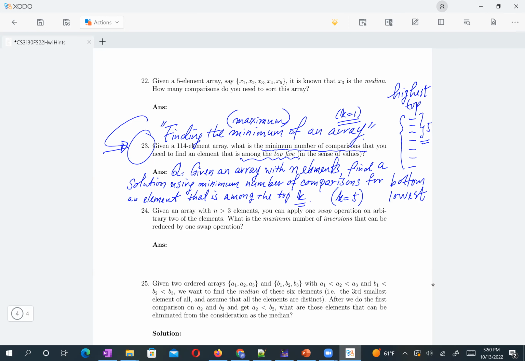That means your understanding of our finding-the-minimum question can be used to help you solve this question. The way we found the minimum, we used the elimination method.